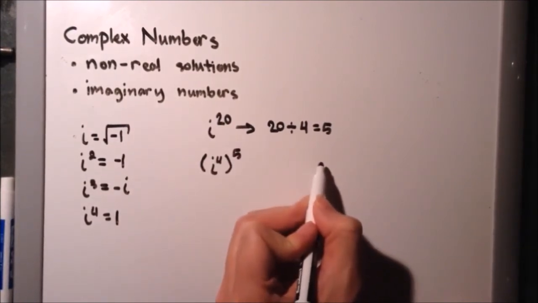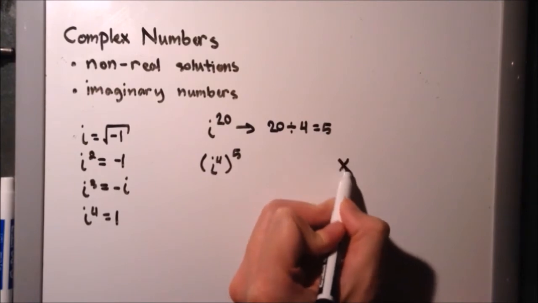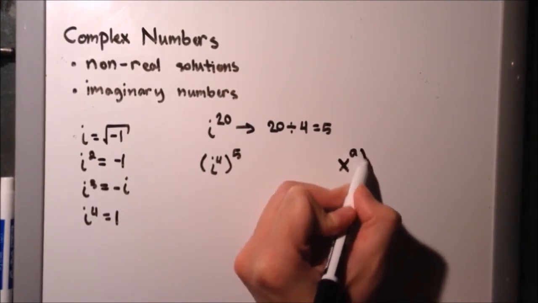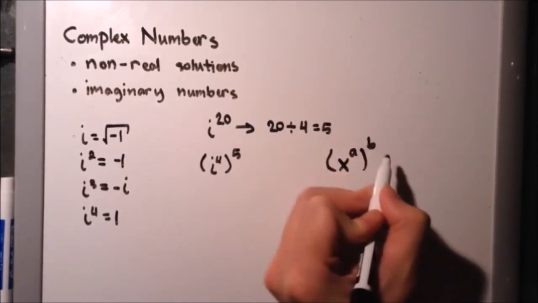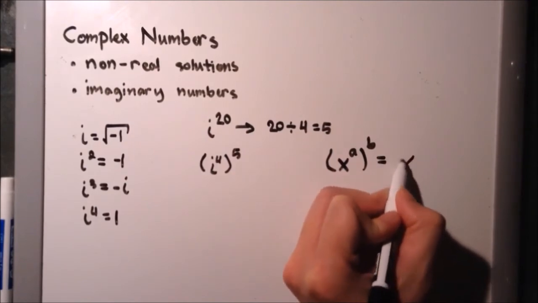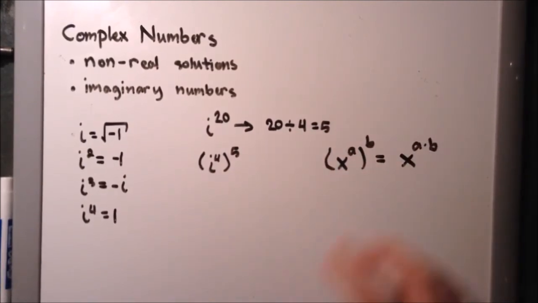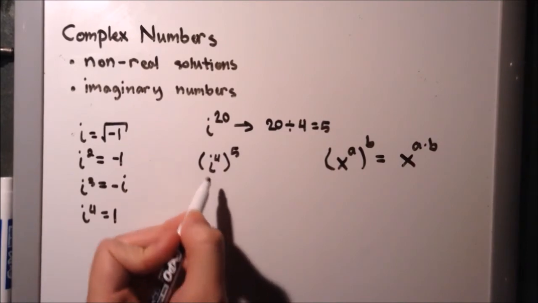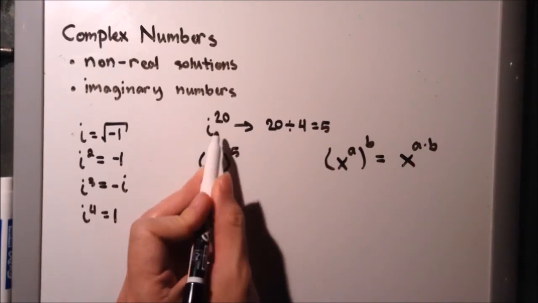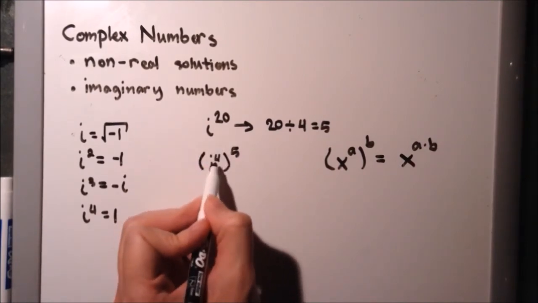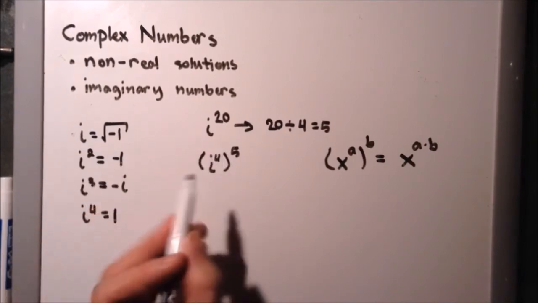To review the law of exponents, when it's x to the a power raised to the b power, it is the same as x to the a times b for the exponents. Here you can apply it. So i to the 20th is the same as i to the 4th to the 5th power.